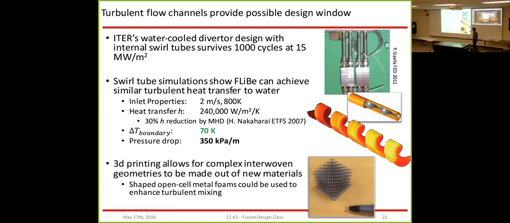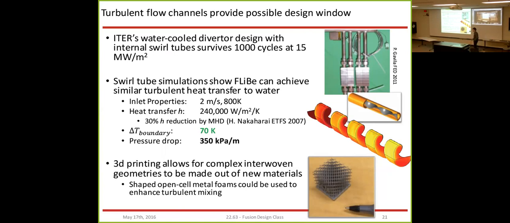And in order to get a swirl tube design like this, we looked into 3D printing. 3D printing would allow for these kinds of complex interwoven geometries to be made out of materials that you couldn't traditionally manufacture these complex shapes out of, such as tungsten, which is very difficult to work with.